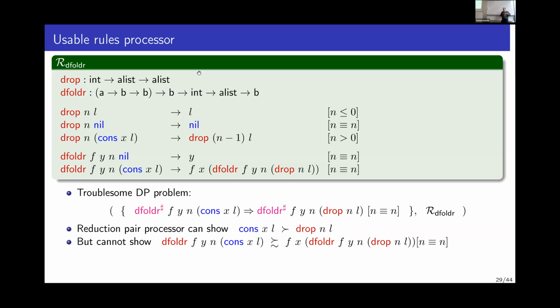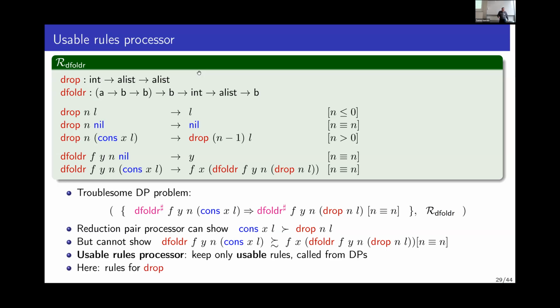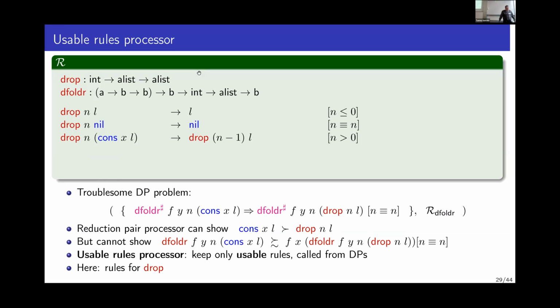You must somehow be allowed to ignore that. Here we are allowed to ignore that because our DP problem doesn't use that defolder rule. That only uses the drop rules. So drop doesn't call defolder, so we can ignore defolder. And what now remains can easily be handled by existing techniques.